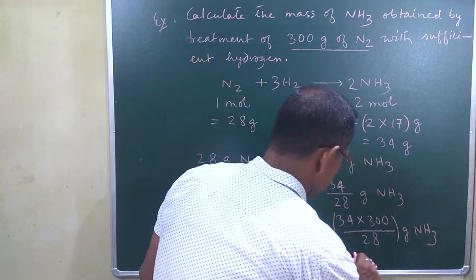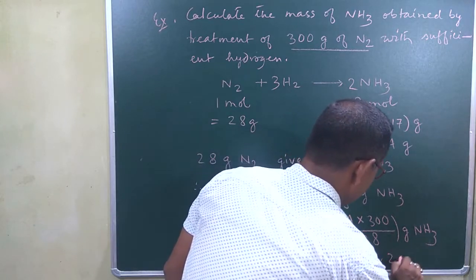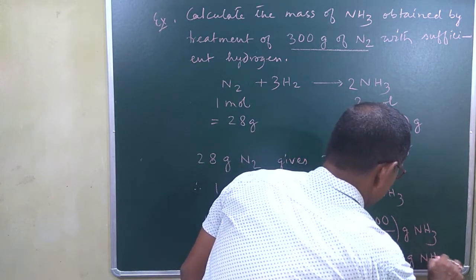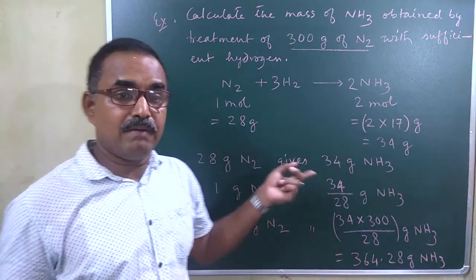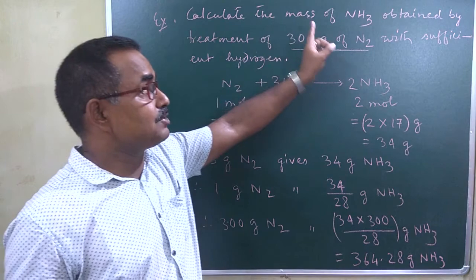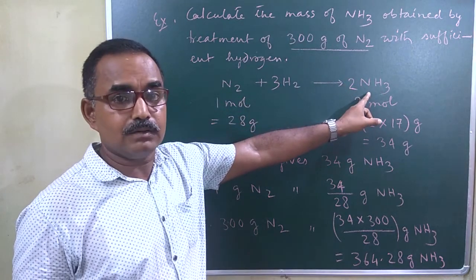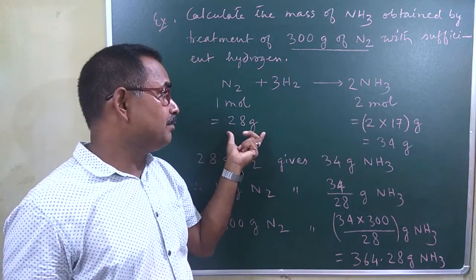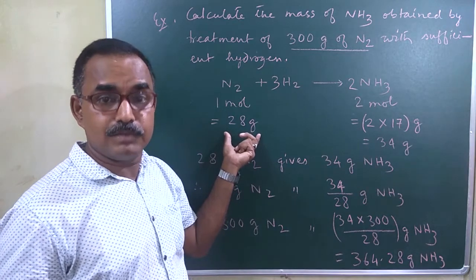The answer is 364.28 gram NH3. So see, we have performed 2 examples in which we calculate the mass of product produced with a given mass of reactant.